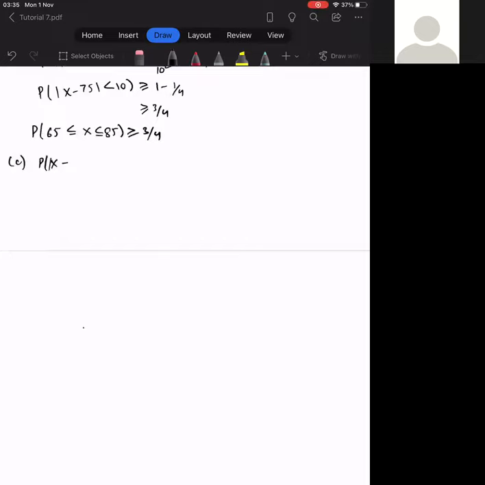This is upper bounded by the standard deviation squared over k squared. I've made that mistake so many times. So this is, sorry, variance. I'm just going to write this as variance of x over k squared.